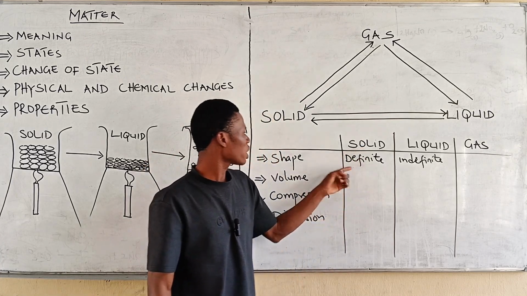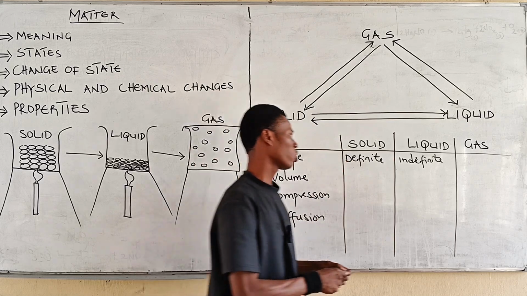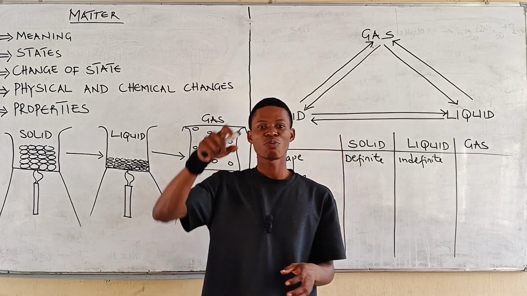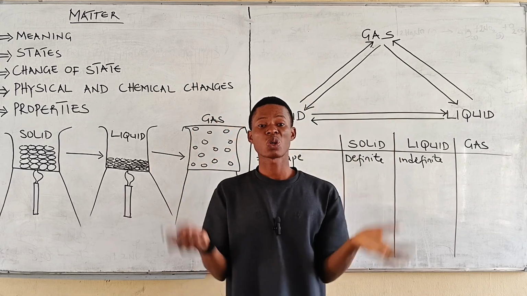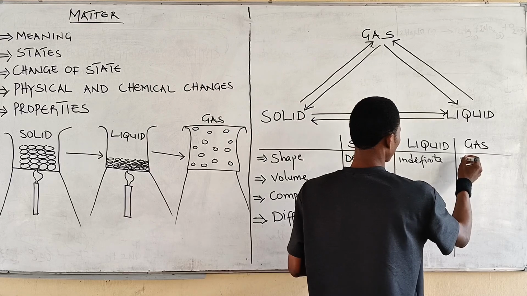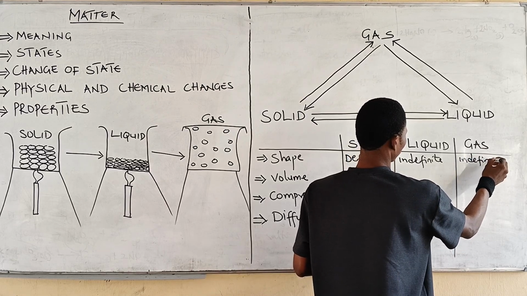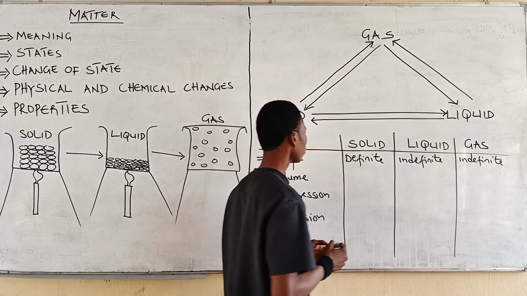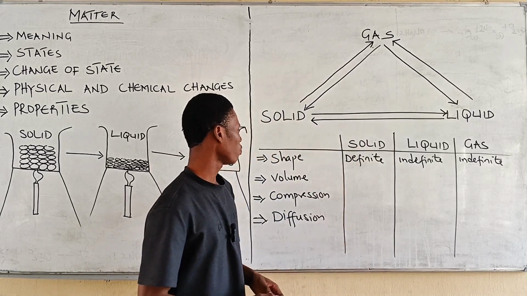So solid has a definite shape, liquid has an indefinite shape. What of gas? If you put your gas in a gas cylinder, it will just be moving up and down. It does not have a definite shape. So the shape of gas is not fixed also, so it has an indefinite shape. You can see it is only a solid that has a definite, fixed shape.